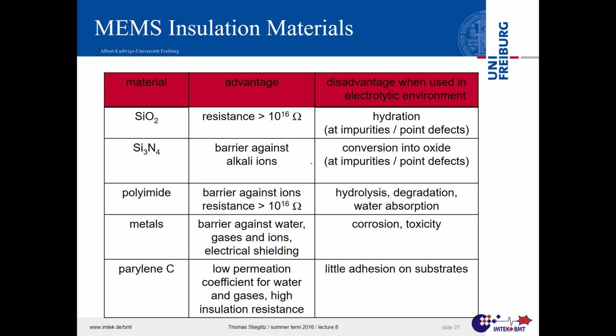Usual suspects mean with respect to silicon technology, electronics manufacturing, it's silicon oxide and silicon nitride as the 2 materials that we can use in manufacturing fabs. We have polyimide as material, well introduced in electronics manufacturing in the 1970s. We have metals, and we have Parylene C.